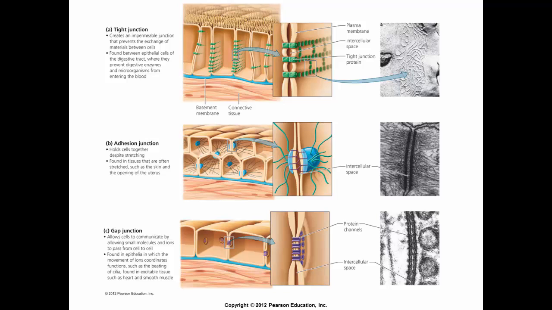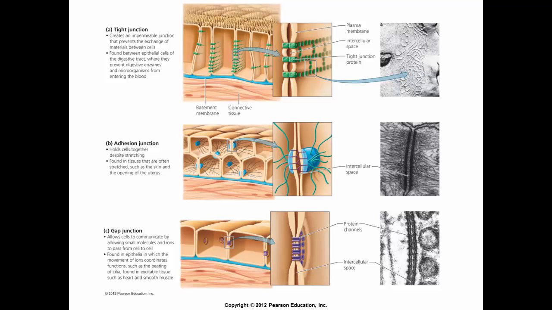So this image shows you that the tight junction is an impermeable junction, preventing that exchange of materials between cells, such as that in the digestive tract from entering the bloodstream.